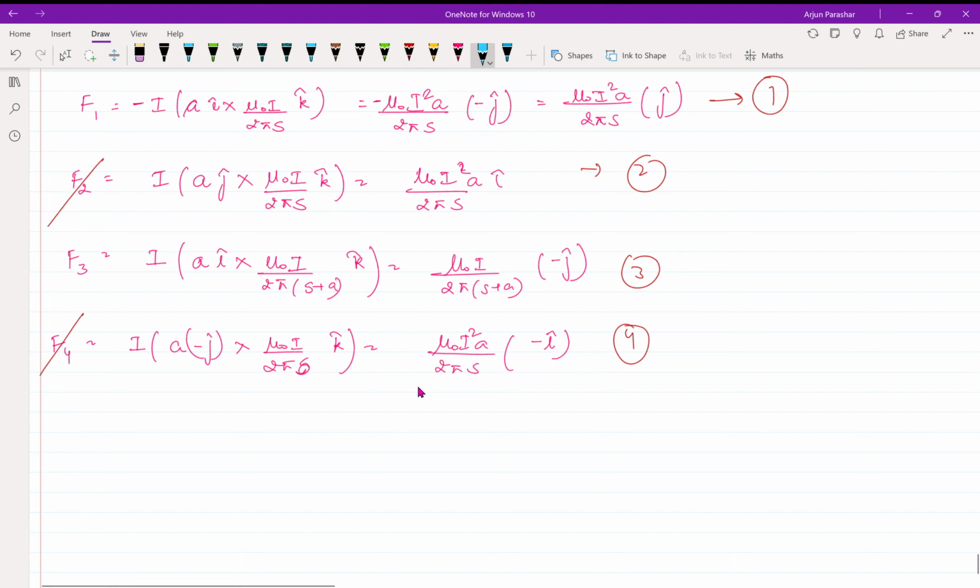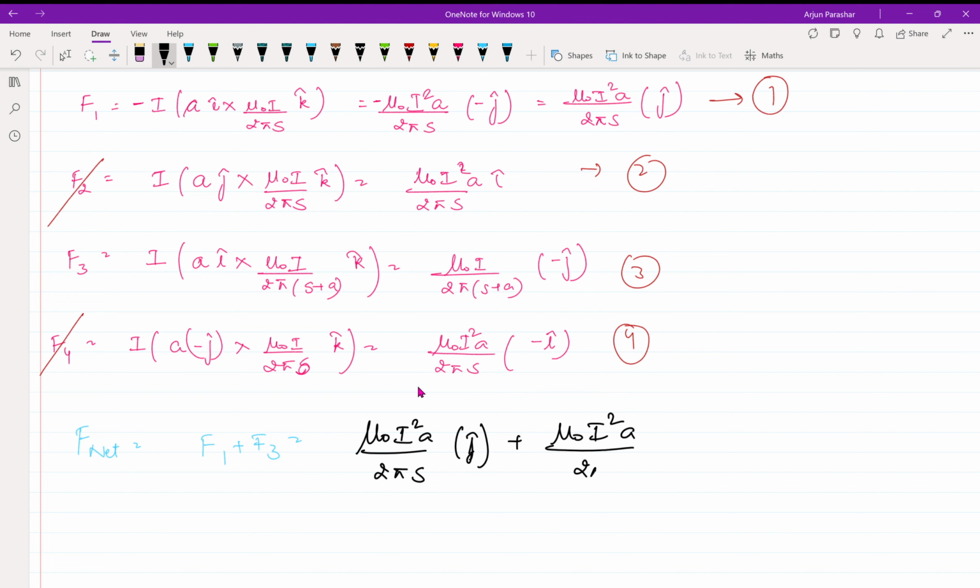So net force F net is given by F1 plus F3, which is actually F1 is μ₀I square a upon 2π s in the j cap direction, plus μ₀I square a upon 2π(s plus a) in the minus j cap direction.